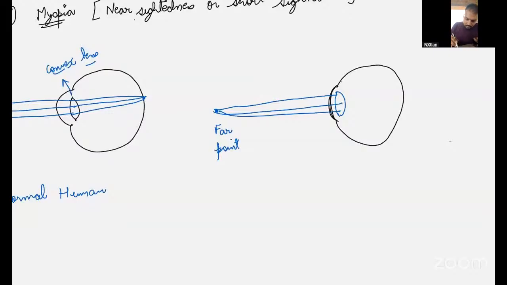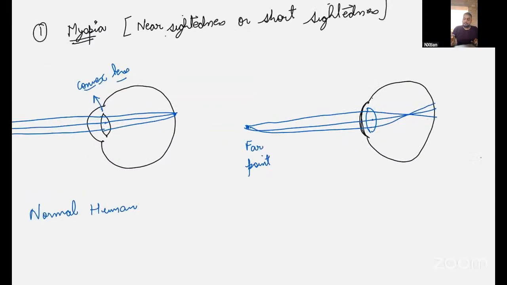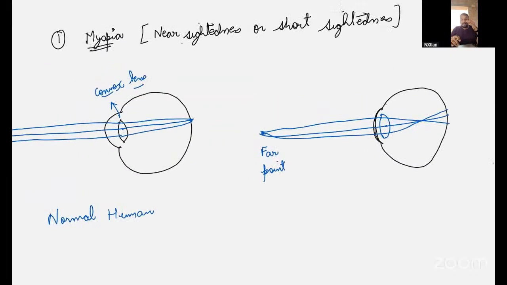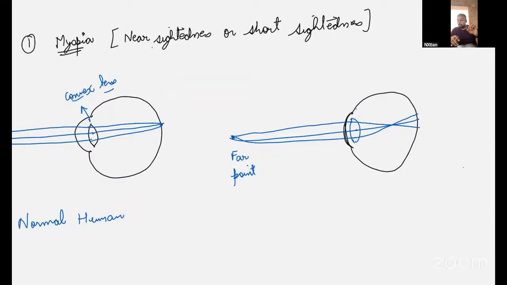Can you see where the image is forming? It is in front of the retina.